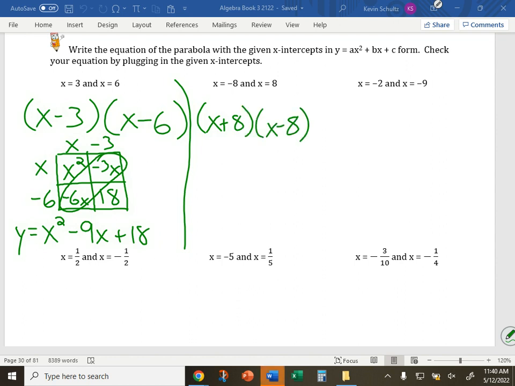But what do we know our final equation is going to look like based on the x-intercepts we have here? This goes back to those quirks. Each type of equation has a method, and it's got kind of a hint. It'll be an ax squared plus c form because negative 8 and positive 8 are opposites.